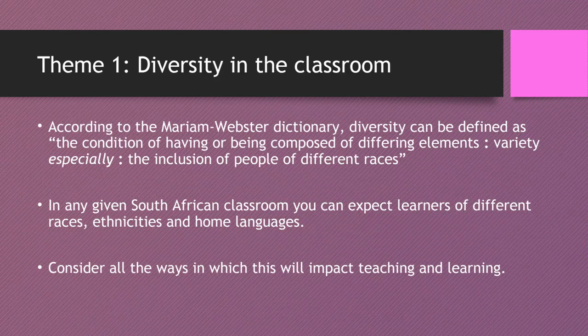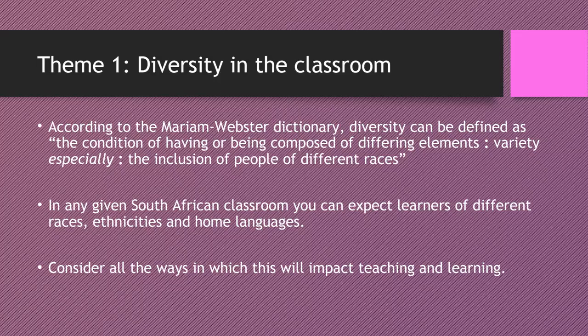So if we're looking at the definition, variety. As we said, there are a whole lot of different ways in which this is going to manifest. And of course, one of the big ones that I actually didn't mention earlier is home languages.